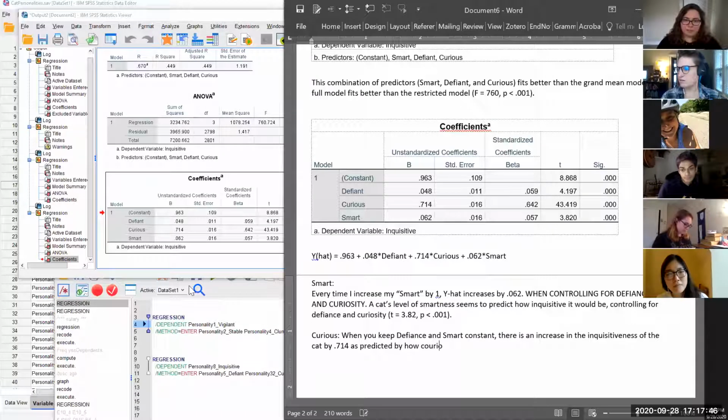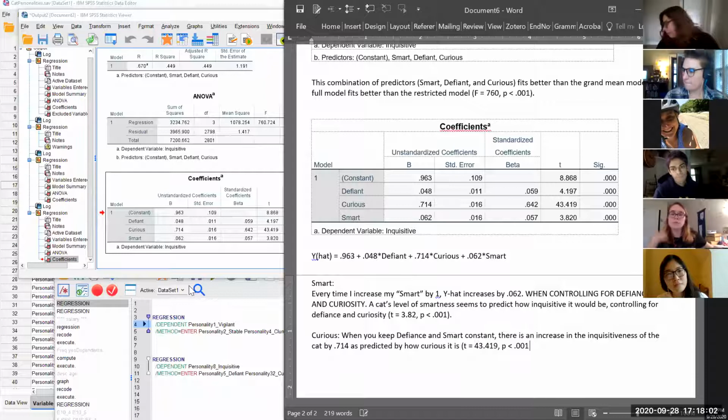And the other piece of that is T, goodness gracious, look at that T value, 43.419. P is less than 0.001.